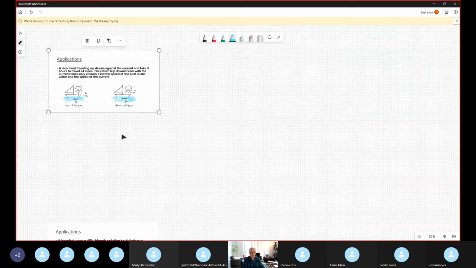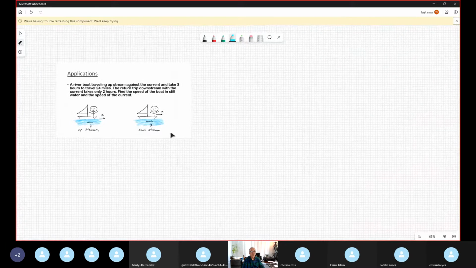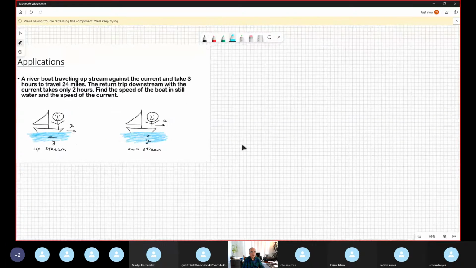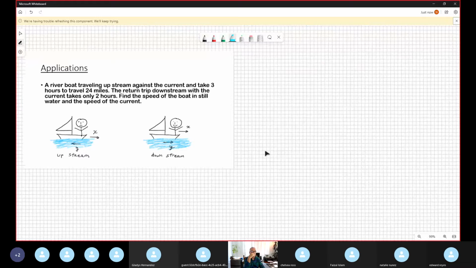This is an application. This is no chemistry anymore. It's a physics problem. It's about a riverboat traveling on a stream against the current, and it takes 3 hours to travel 24 miles.